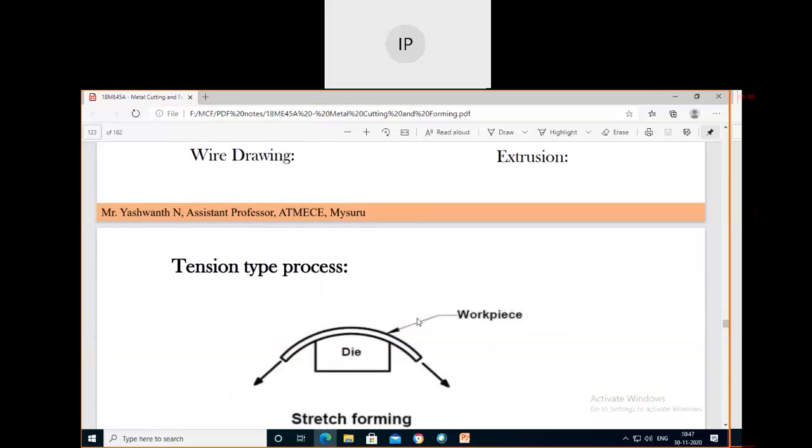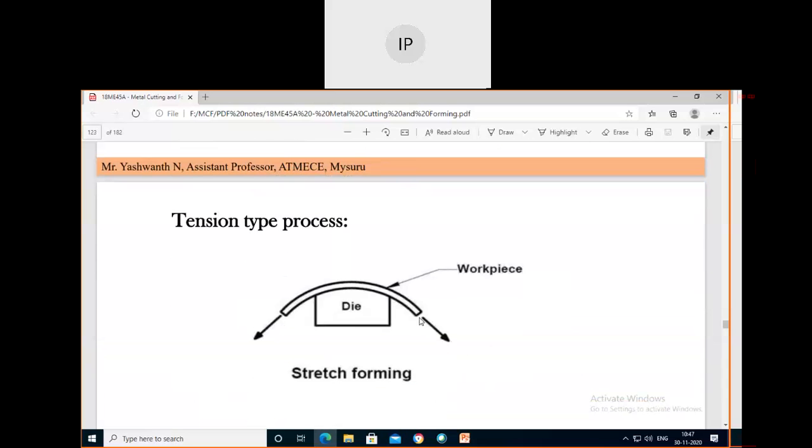Also we have the tension type of process with the help of tension force. In this type of process, a direct tensile force is applied to the workpiece during forming. The stretch forming process falls under this tension type process, pulling both ends of the workpiece.